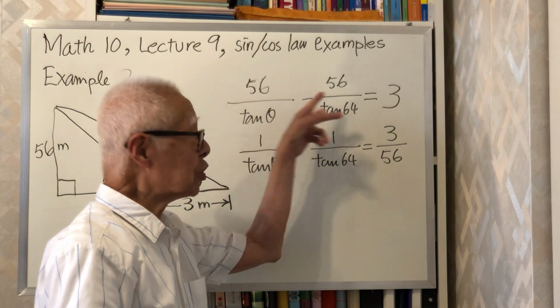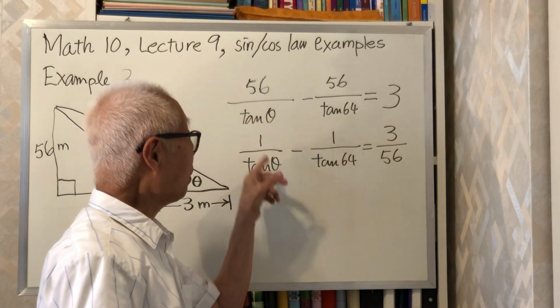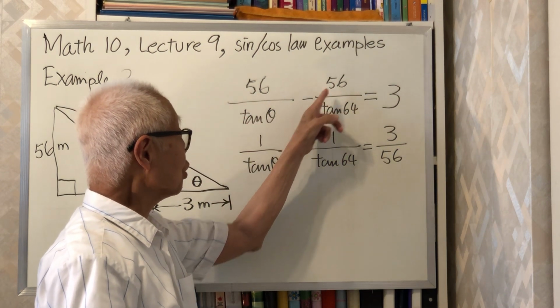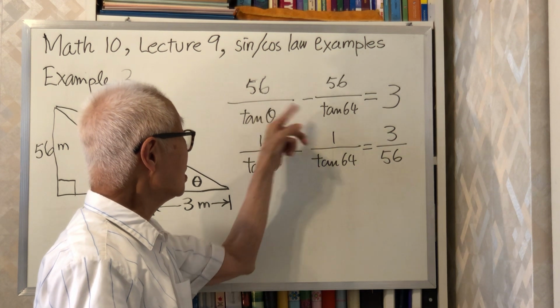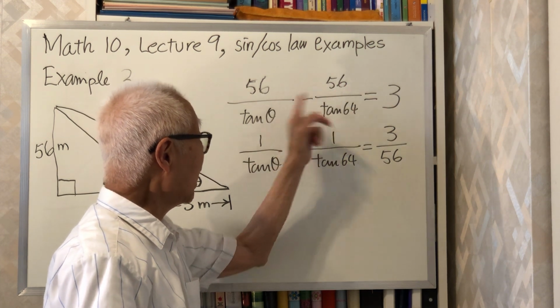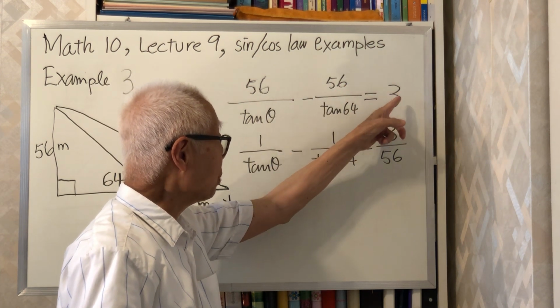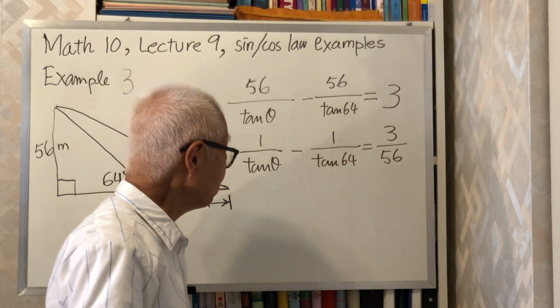I divide this equation by 56, so I have 1 here, and divide this by 56, I have this.